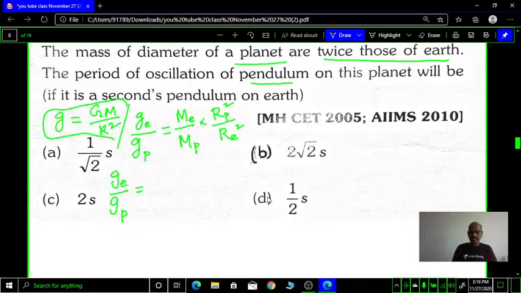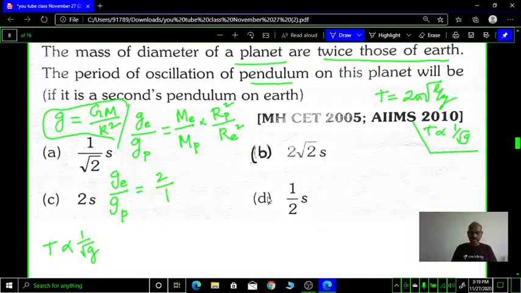Now how is it related? Small g and r. Here R P, the diameter of the planet, is twice that of Earth, so 2 by 1. Moreover, we know the time period is proportional to 1 by root g. Already we know the time period of the simple pendulum is 2 pi root L by g. Now the time period is proportional to 1 by root g. Now go on to the time period of Earth and planet.